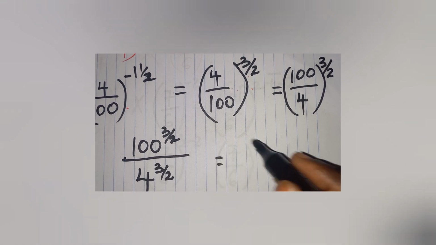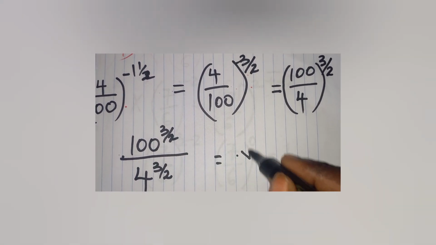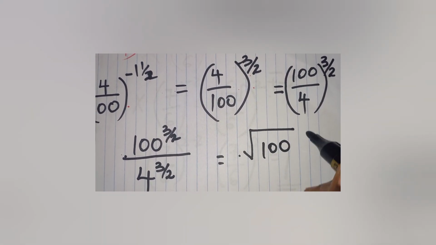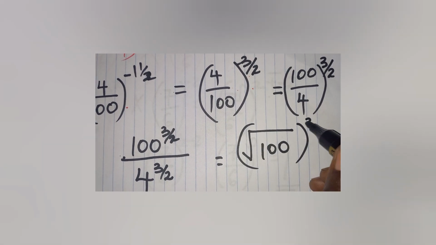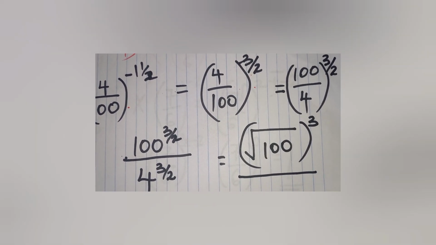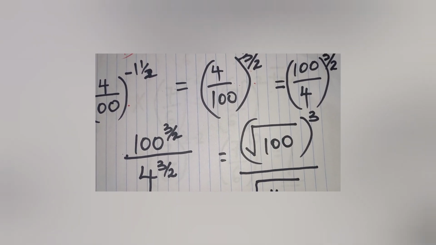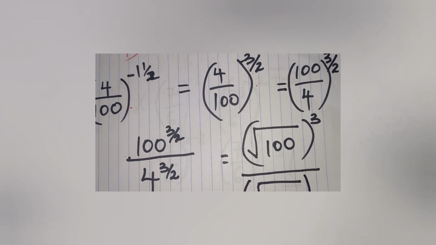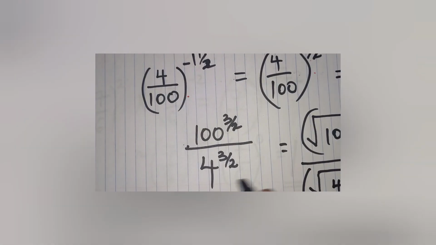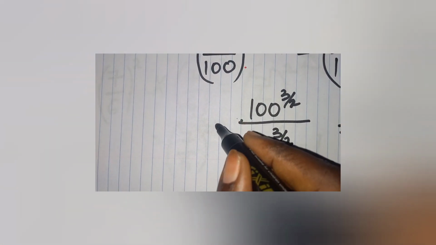This will be equal to the root of 100 cubed all over the root of 4 cubed.